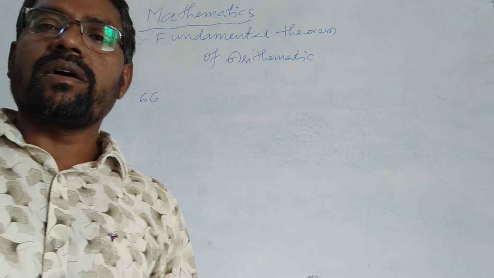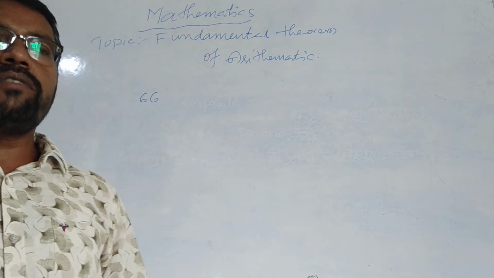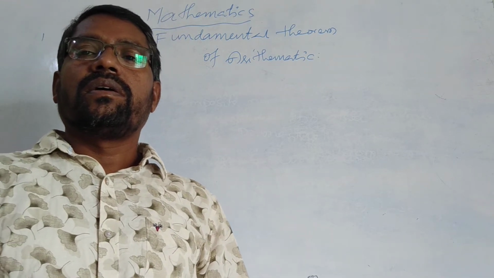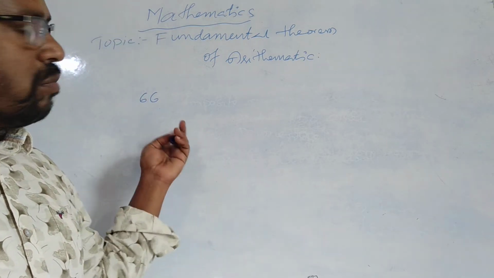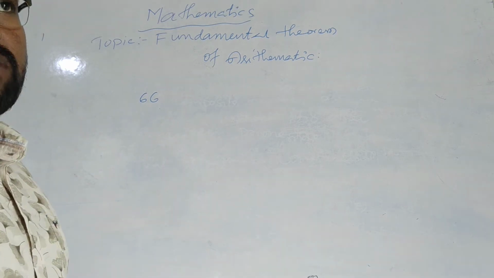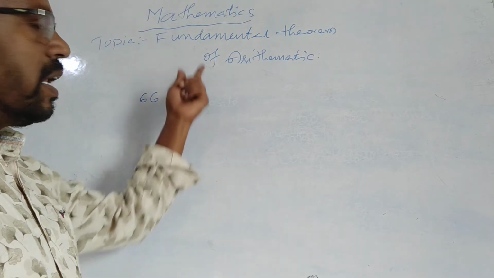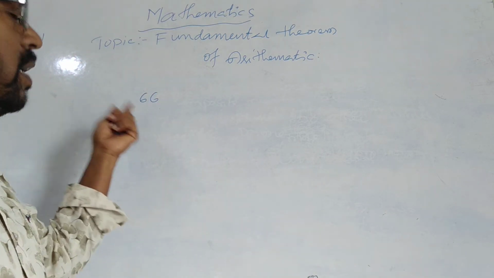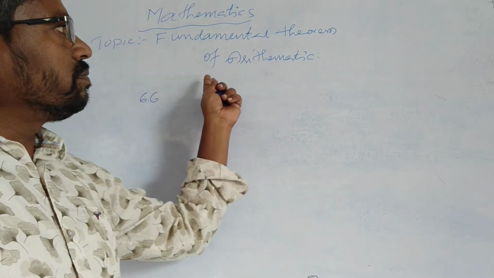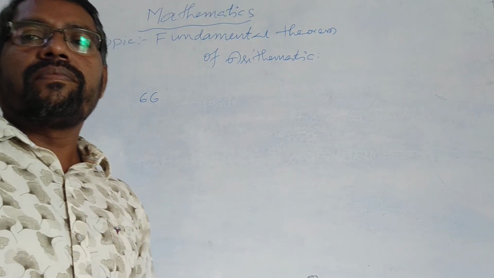A number having only 1 and itself as factors is called a prime number, and a number with more than two factors is called a composite number. So the fundamental theorem of arithmetic is about the relation between composite numbers and prime numbers.